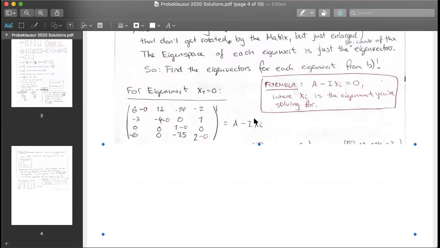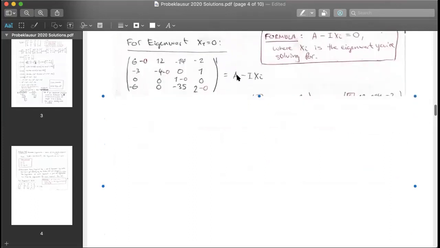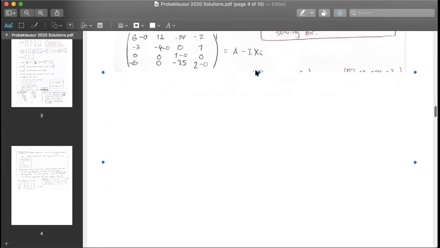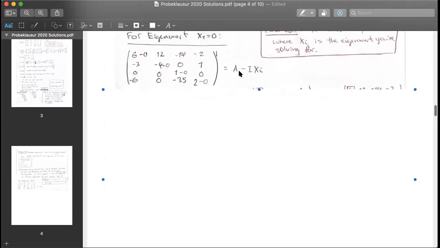And that's essentially what the meaning of this is, right? It's your matrix A minus the identity matrix, which is 1 along the main diagonal and 0 everywhere else, times that particular eigenvalue that you're solving for. In this case, our eigenvalue is 0, so it's 0 times the identity matrix, which makes everything 0, so A minus 0 is really just your matrix A.